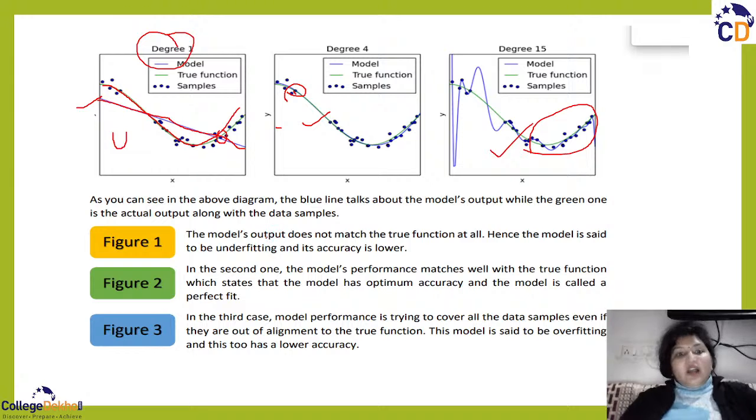The first is underfitting. Underfitting is when you have a huge amount of data and it is not lying on the predicted line. The second graph shows that what you have predicted and the actual ones are also falling on that predicted line, so you have a perfect fit.